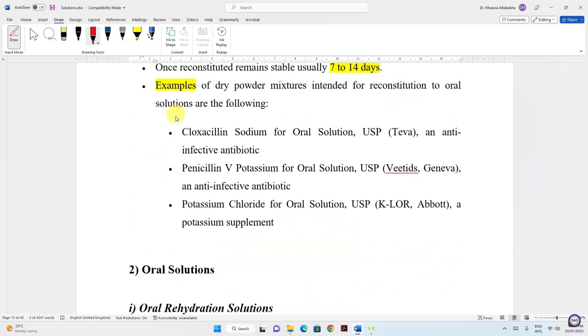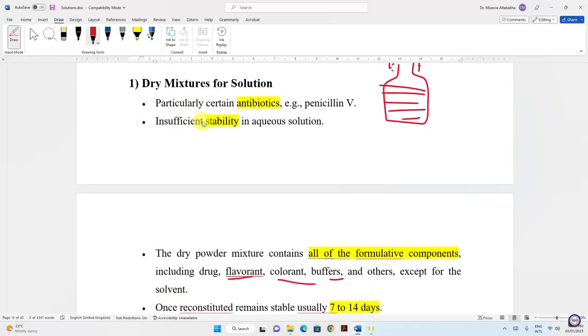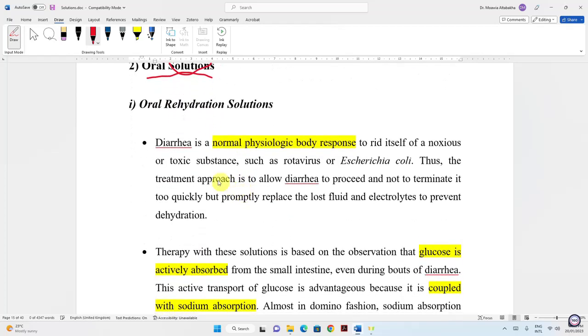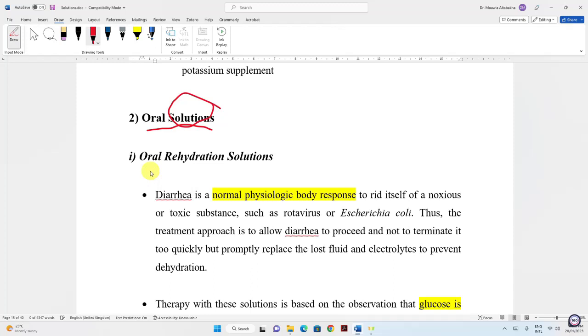Now we talked about dry mixtures. We're talking about dry powders or granules. Now we are talking about solutions, meaning already made liquids. Examples of that include oral rehydration solutions, or sometimes they call it oral rehydration salts.